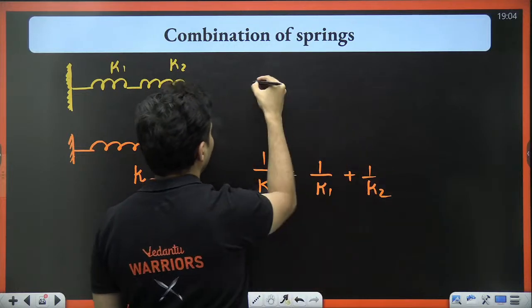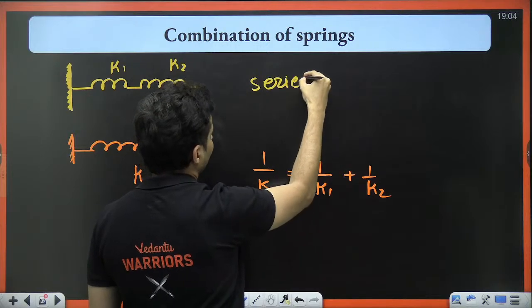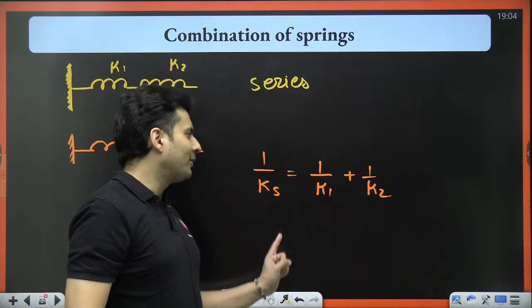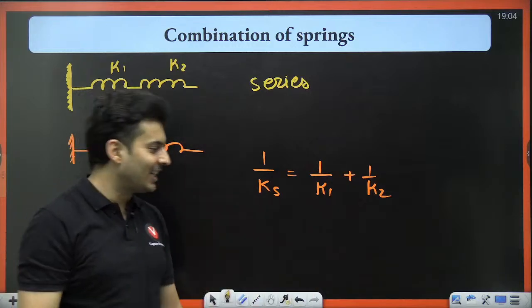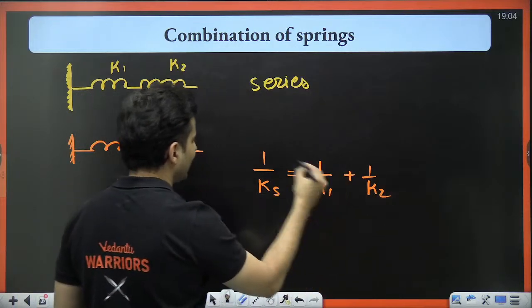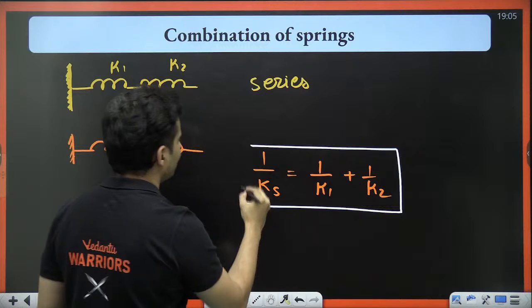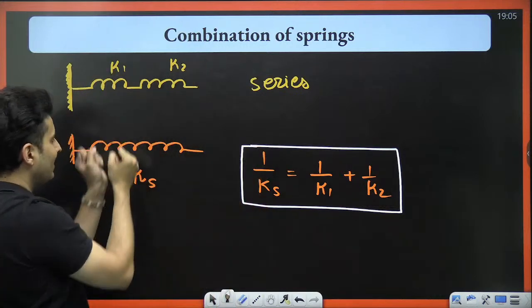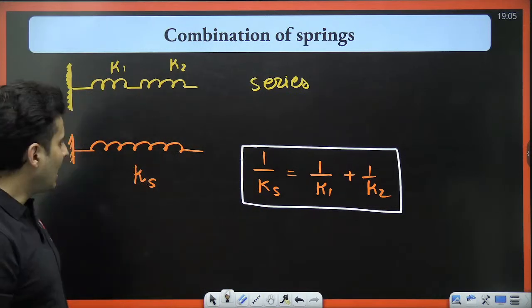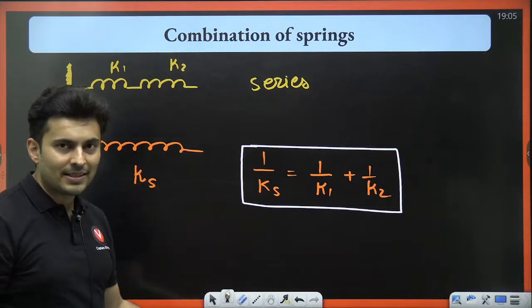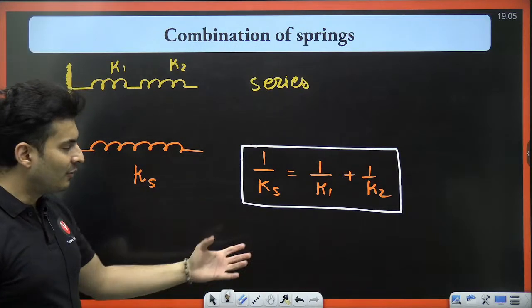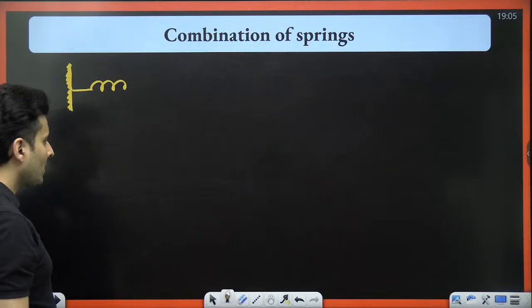So this is when they are in series combination. The formula is exactly opposite to that of resistors in parallel, okay? So when they are in series, you can replace them as one single spring, and that is basically your formula for resistors in parallel.